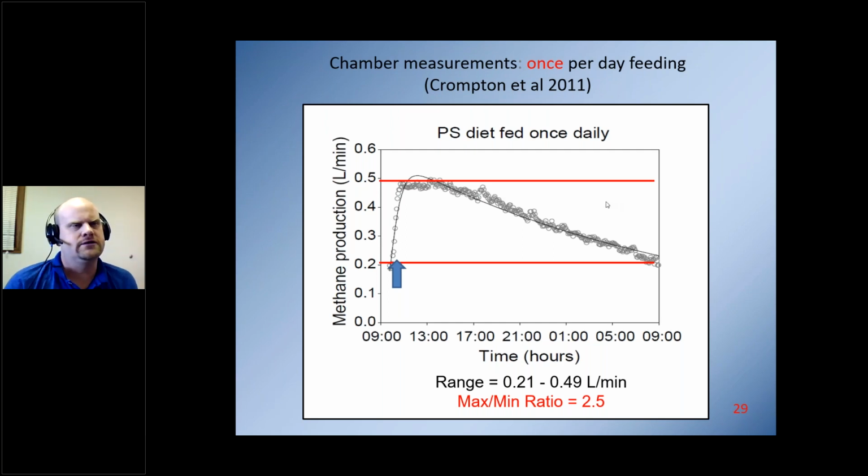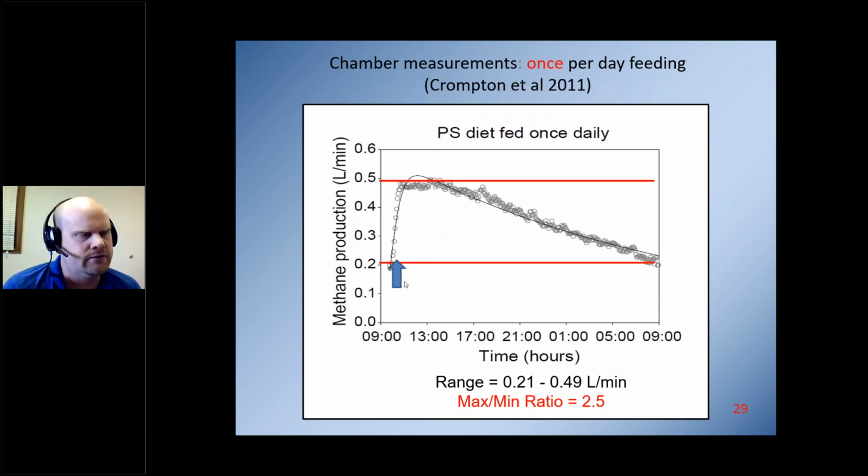This plot is from Crompton 2011, and we need to get used to looking at data this way because there are several slides with this axis convention. On the x-axis is time during the day: 9, 11, 17, and so forth. So this is a 24-hour time frame. On the y-axis is the methane production rate at that time.